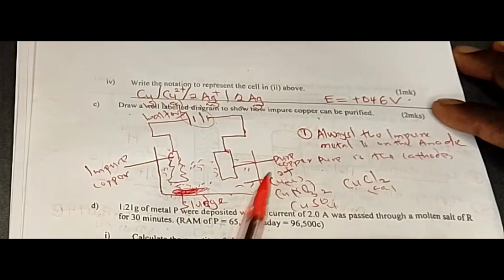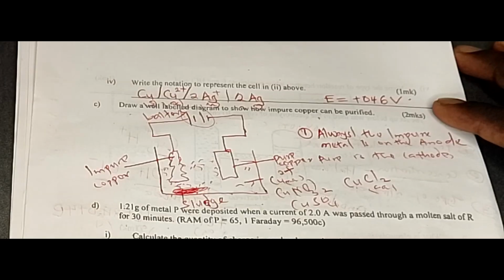So this is impure copper, and then down here it will form a sludge, and then this is pure copper. With this drawing, you can at least gain 2 marks.